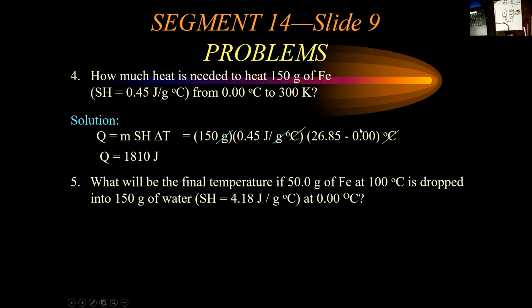I'm generally going to subtract the little number from the big number, and I'm going to apply the sign myself rather than depend on the sign of my delta T to give me the sign of Q. Because in some cases, we had a negative sign out here, and negative times a negative would give the positive.